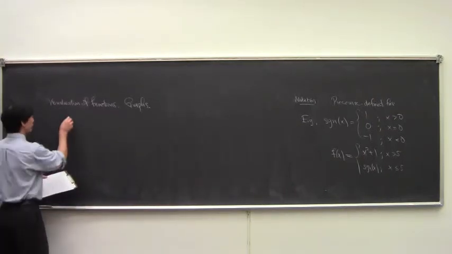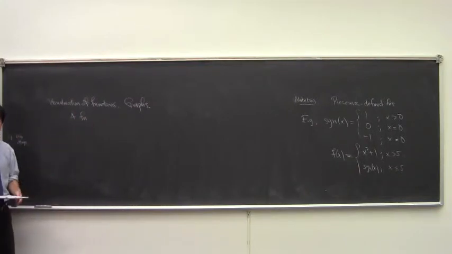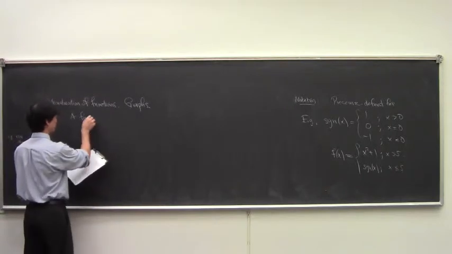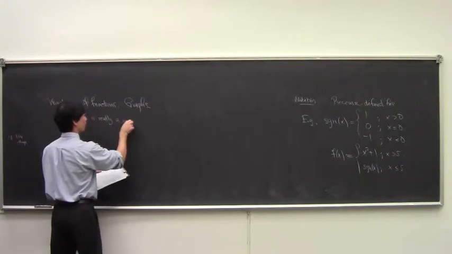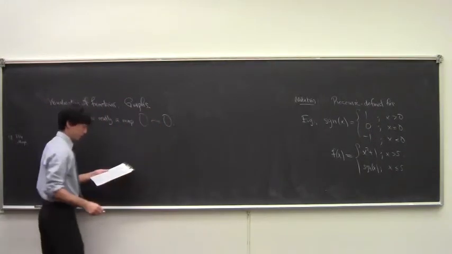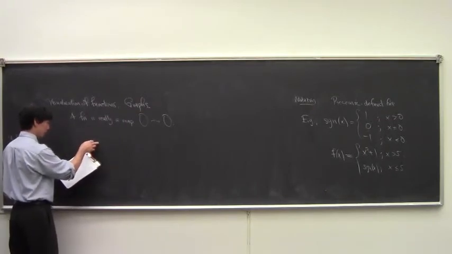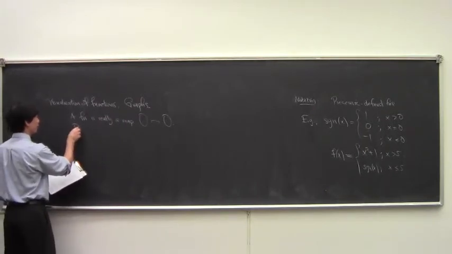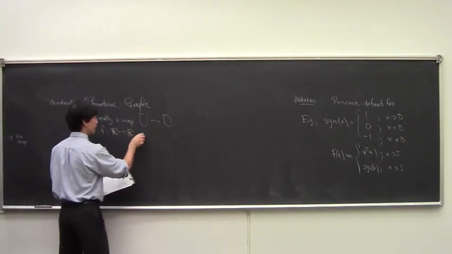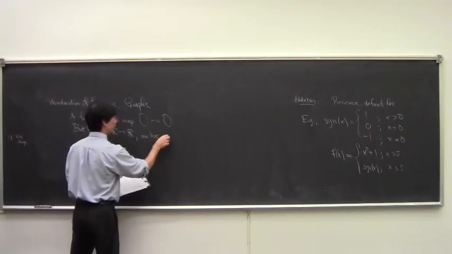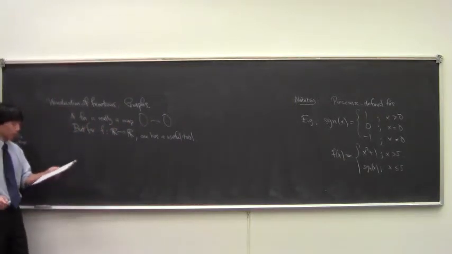So a function, which I always abbreviate fn., is really a map from one set to another set. But for f going from R to R, one has a useful tool, the graph of the function.